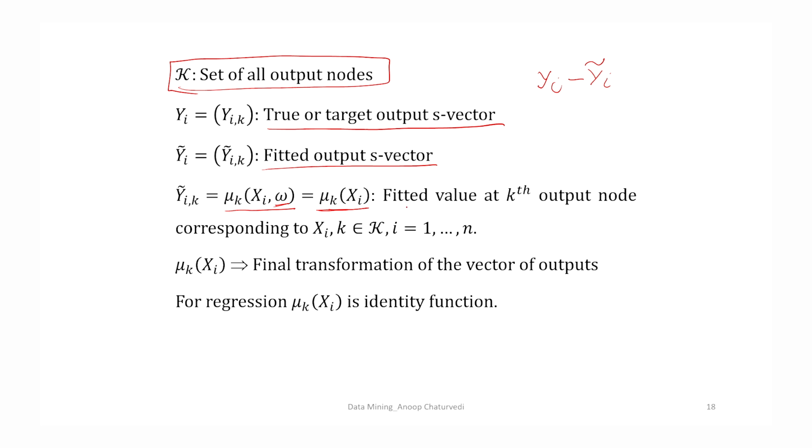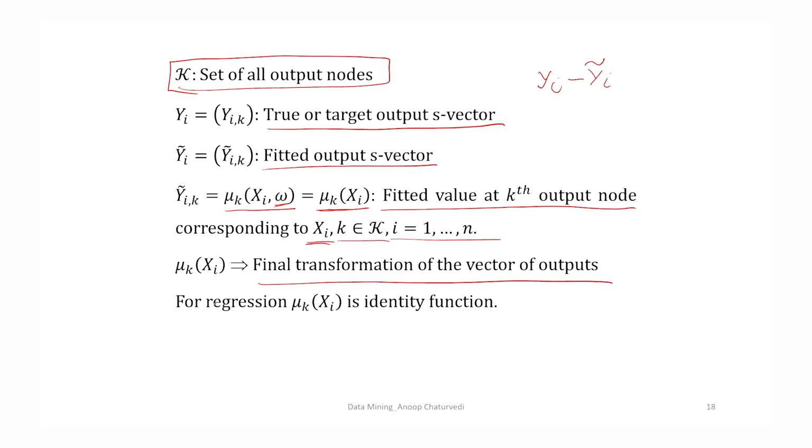So, mu_k(x_i) is the fitted value of the kth output node corresponding to x_i, where i equal to 1 to n, k belongs to capital K. And this mu_k(x_i) is the final transformation of the vector of outputs.